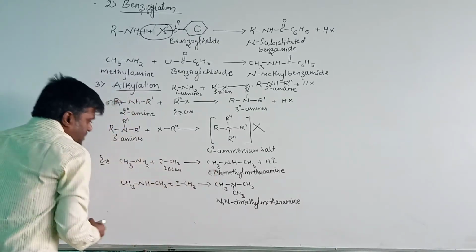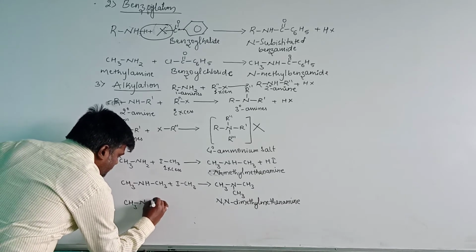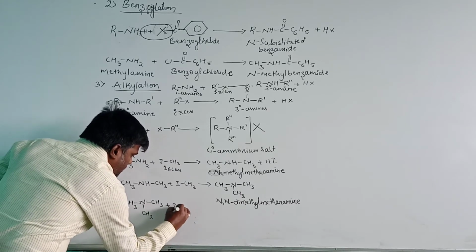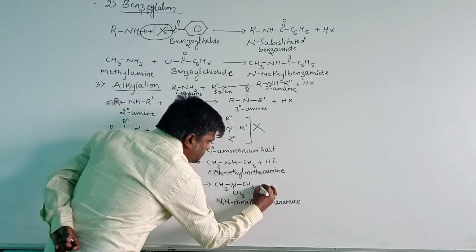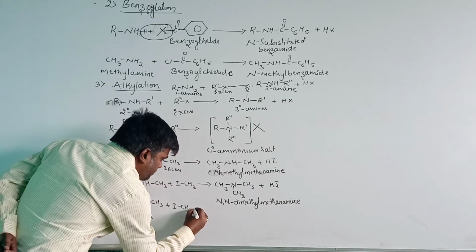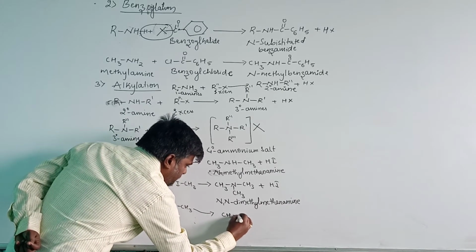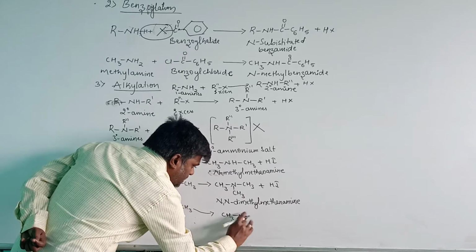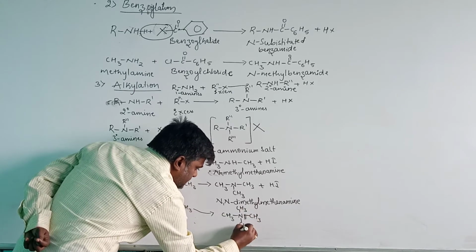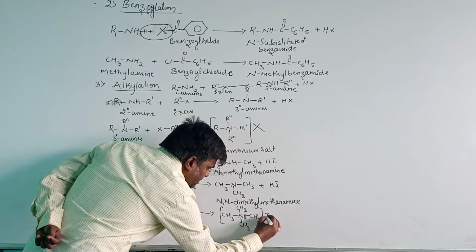This tertiary amine further undergoes alkylation. (CH3)3N reacts with the alkyl iodide, the byproduct is hydrogen iodide, and the main product will be the quaternary ammonium salt with four CH3 groups on nitrogen.